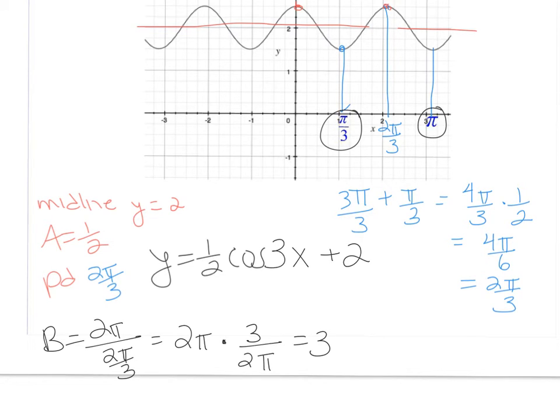So that's a 3 for b. And then my sine function, okay, so I want midline going up. So let's figure out where that happens. Actually, if I do midline going down to a minimum, I can then reflect my function, so I'll put a negative leading coefficient. And this is halfway between pi over 3 and 0, which is pi over 6.